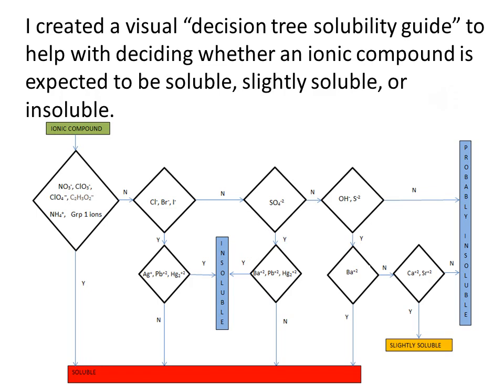If it doesn't, then we go to the next question, for example, whether it contains chloride, bromide, or iodide. If this is in the affirmative, then there is another question, whether it contains any of the silver, lead 2 plus, or mercury 1 plus cations, and if the answer is affirmative, then the compound is insoluble. However, all the other chlorides, bromides, and iodides are soluble, and so on and so forth, along the line.